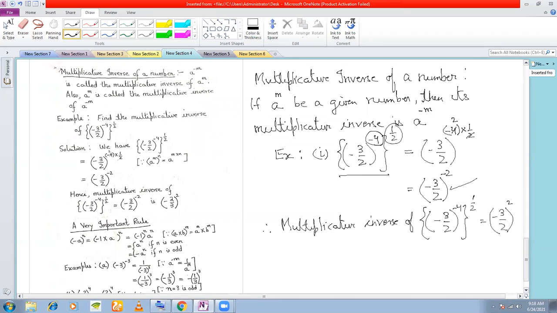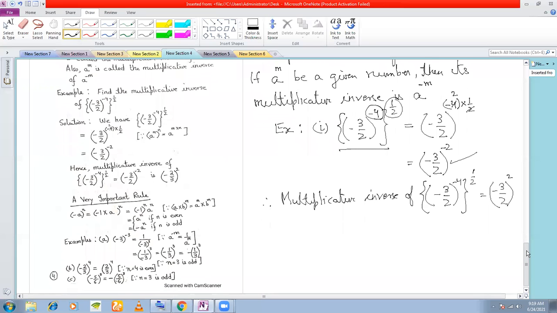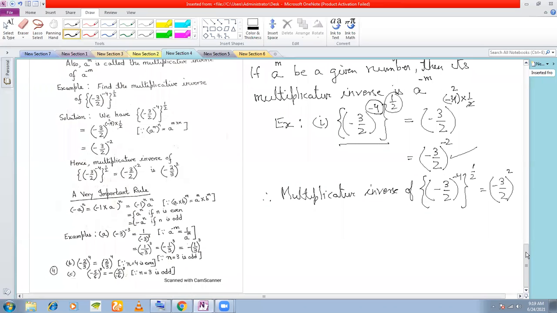Okay. Is this concept of multiplicative inverse absolutely clear? Yes, sir. Tell me. Sir, we will not take the reciprocal?